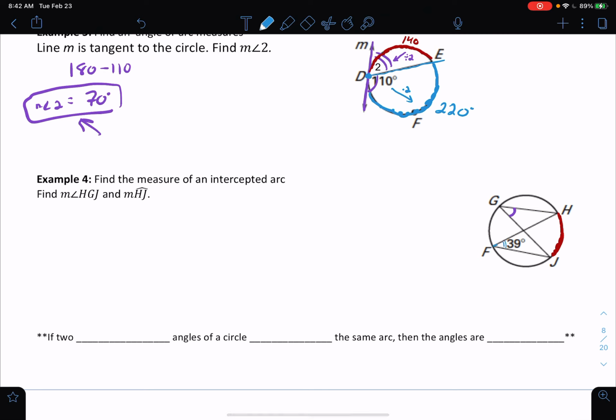If I extend this inscribed angle out, you'll see that it captures the arc I'm trying to find. So 39 times 2 gives me that arc: the measure of arc HJ is 78 degrees.